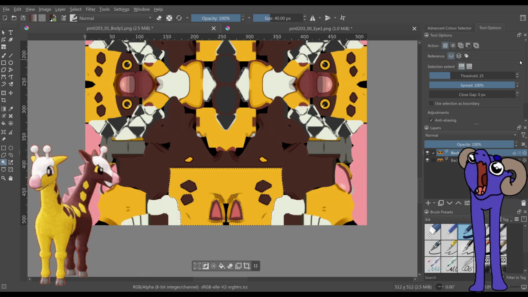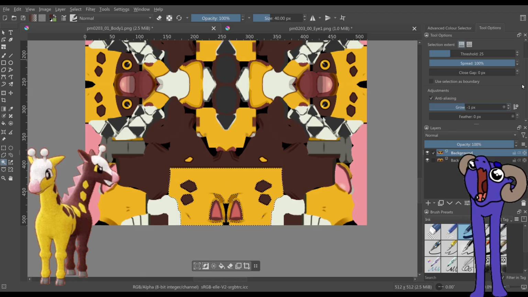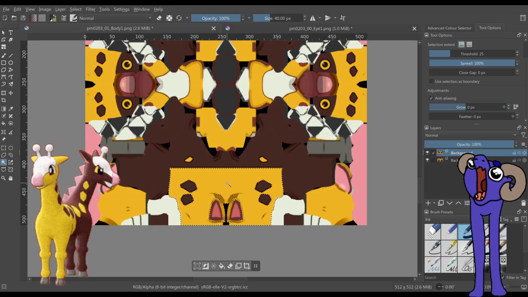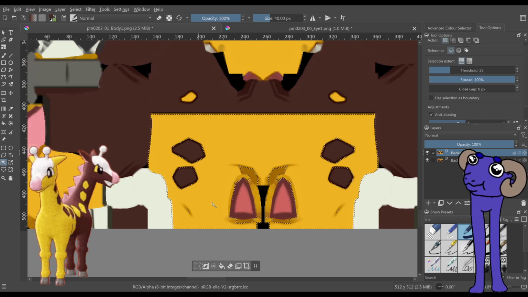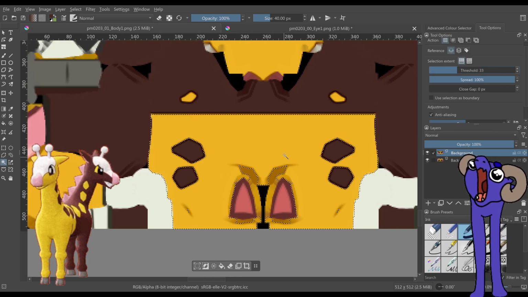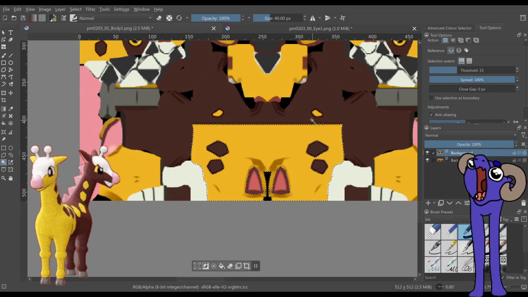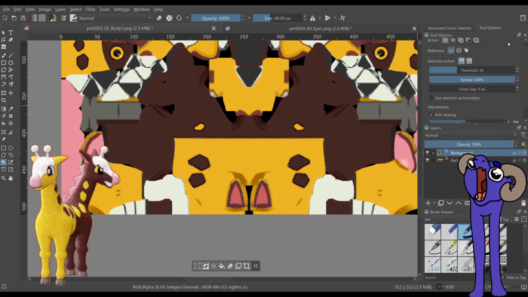Is there a way to tell this to... I think I want grow on. Thinking of trying to find a way to make this select stuff that isn't there. I can't think of the word for it.